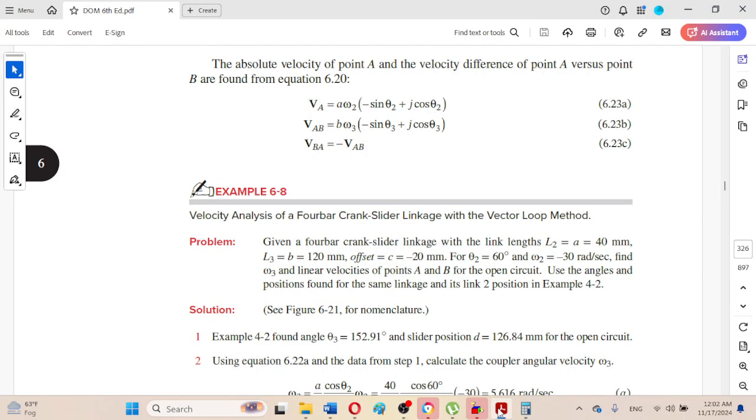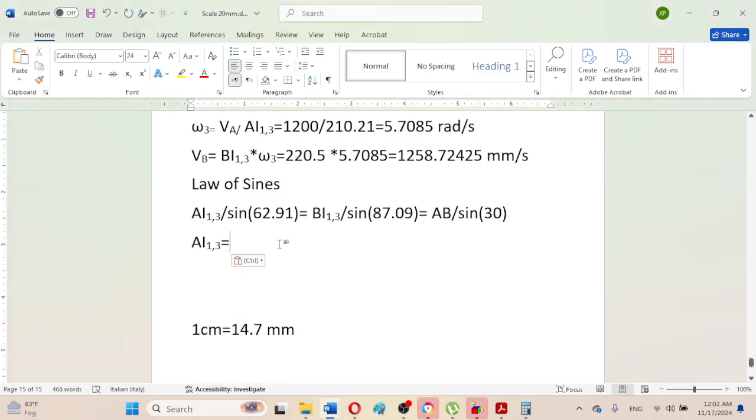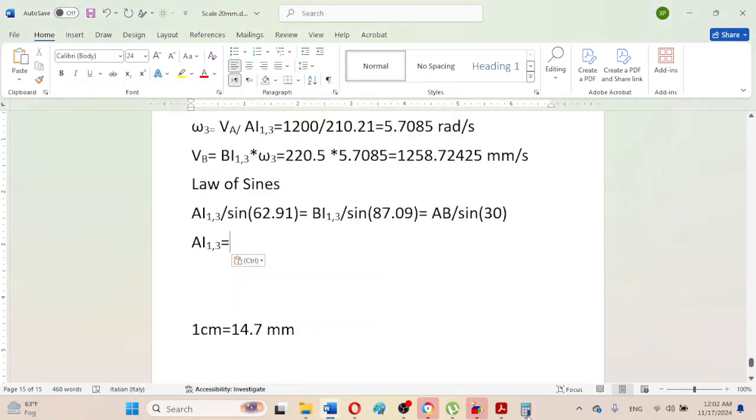So as we can observe here, the analytical result here is 106.835.